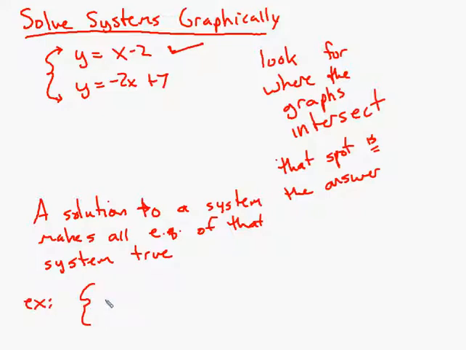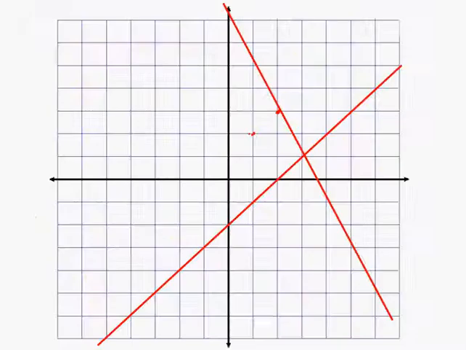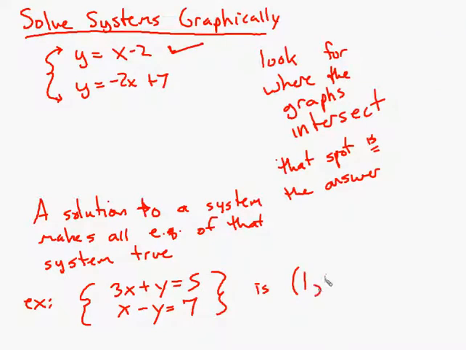I'm going to give you another one. 3x plus y equals 5, and x minus y equals 7. And I ask, is 1, 2 a solution?